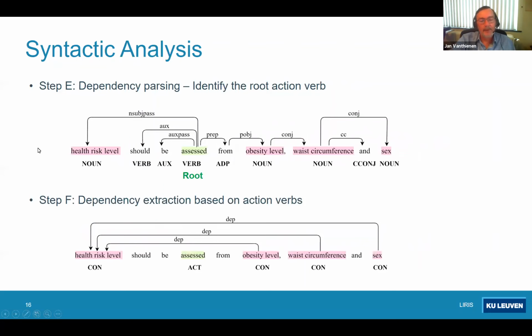Next step, the verbs. We identify the root action verb should be assessed from, and should be assessed from is some form of dependency. So we extract this dependency and say the health risk level depends on the obesity level. And that's what we need for a DRD.